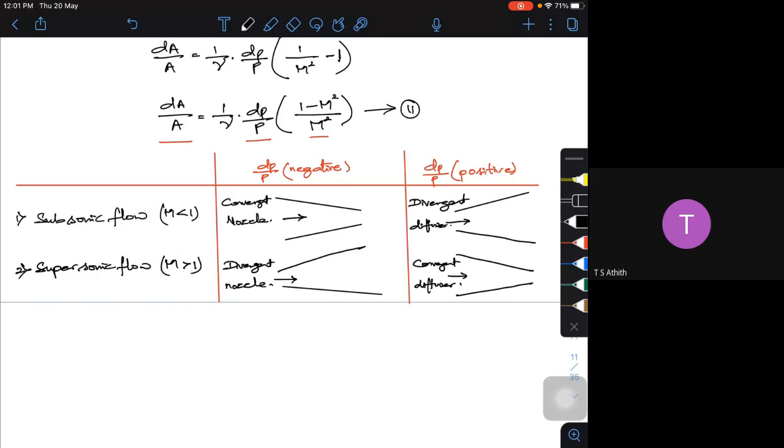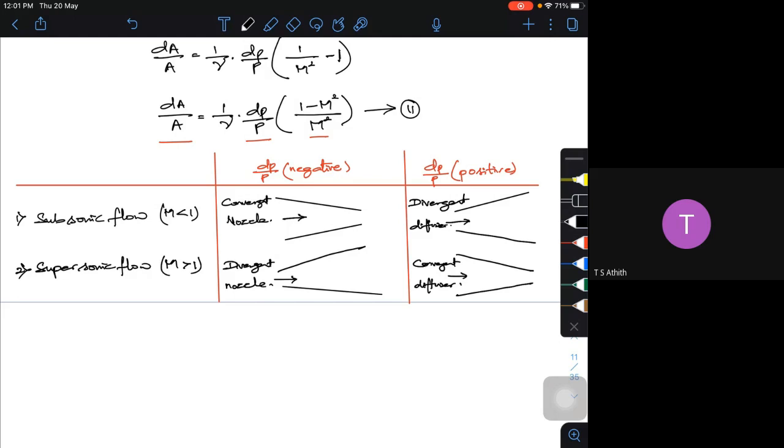So it has to converge. In case of a nozzle, the pressure is decreasing along the flow direction. So similarly, your dA by A, or your area, also must be negative, decreasing. This corresponds to a convergent part of a nozzle.